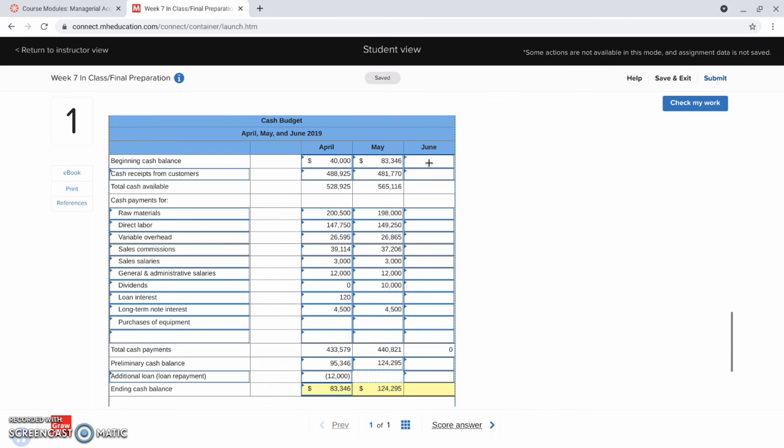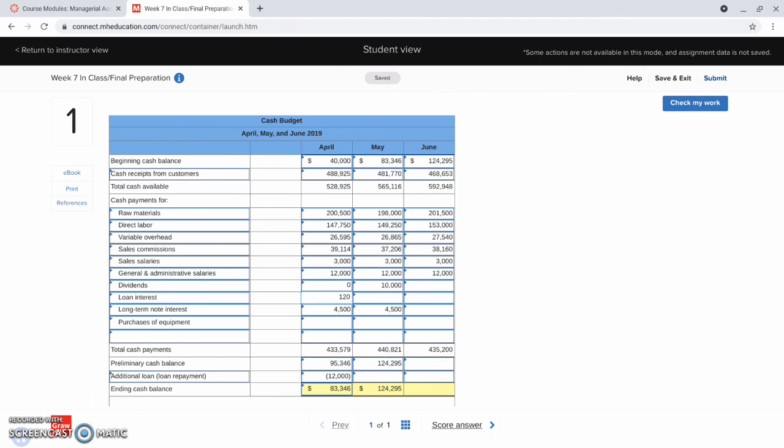All right. Start up at the top again. 124,295. 468,653. 201,500. 153,000. 27,540. 38,160, 3,000, 12,000.